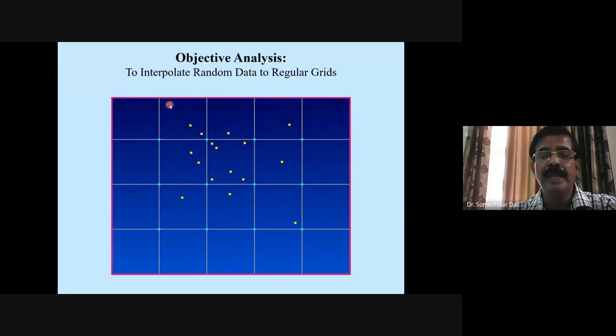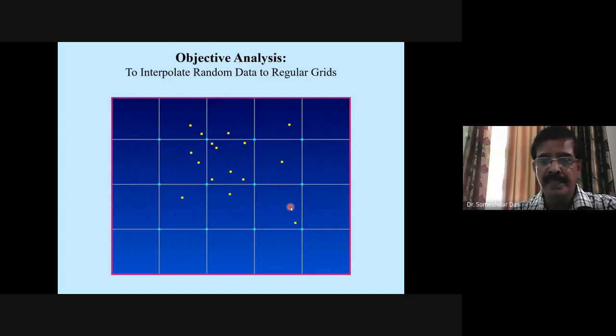But after we remove the errors, these observations are scattered in space, and they have to be interpolated to the regular grid points of the model. This process of interpolation of the observations from randomly located places to regular grid points is called objective analysis.